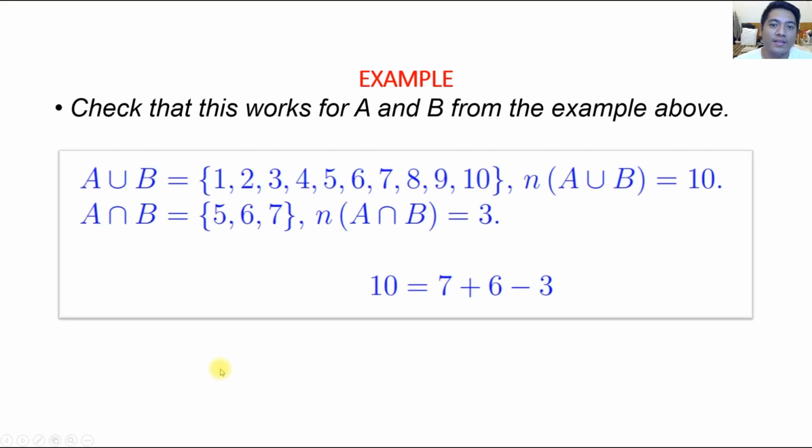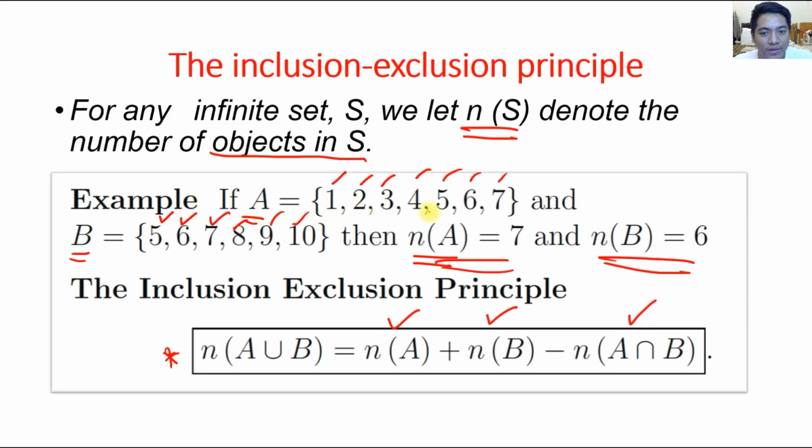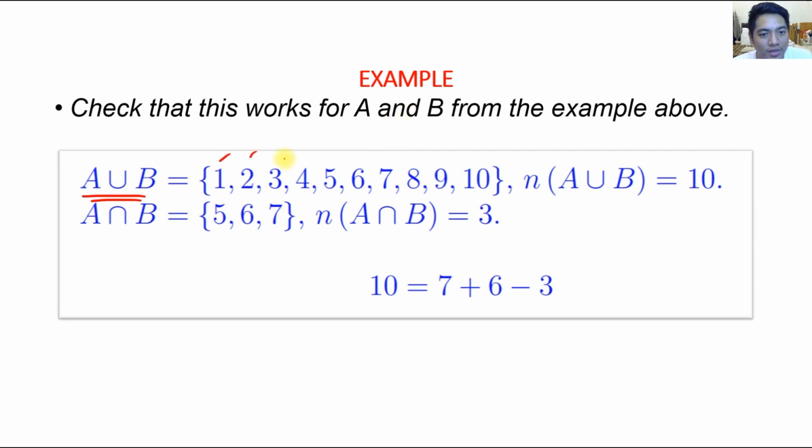So check that this works for A and B from the example above. Upon getting the union of A and B a while ago, we have 1, 2, 3, 4, 5, 6, 7, and 8, 9, 10.